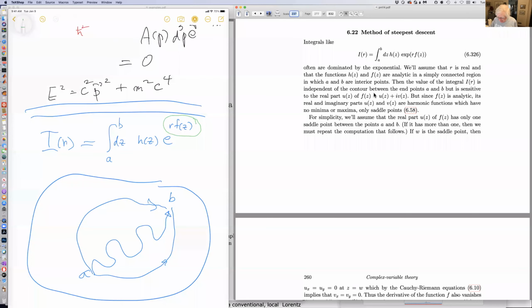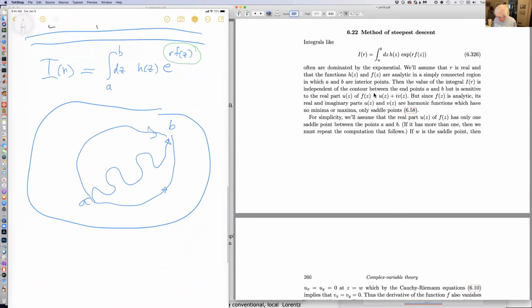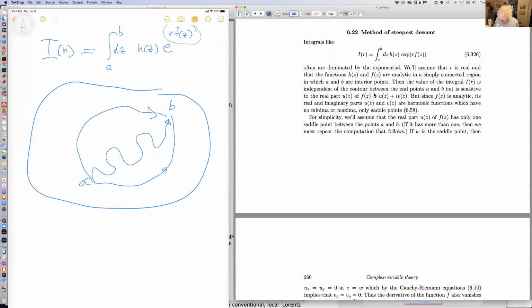On the other hand, this other function obviously changes exponentially, and it is equal to then e to the r times u of z plus i v of z. But r, we're thinking of r as real. That's why I use the symbol r.